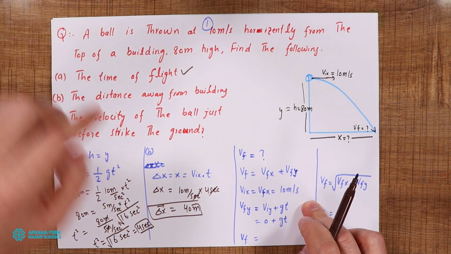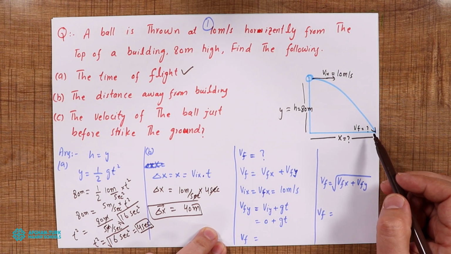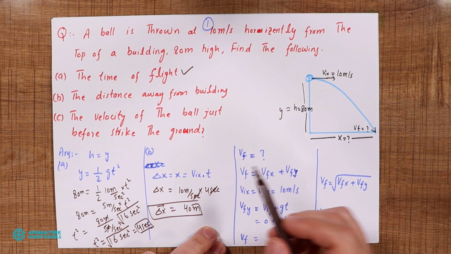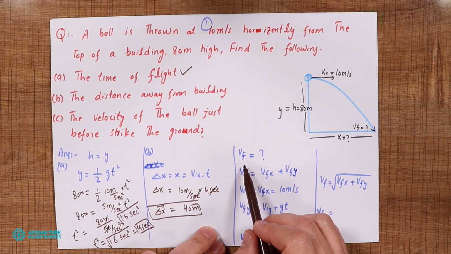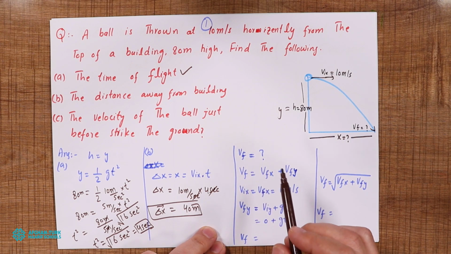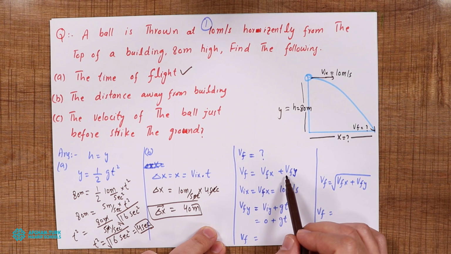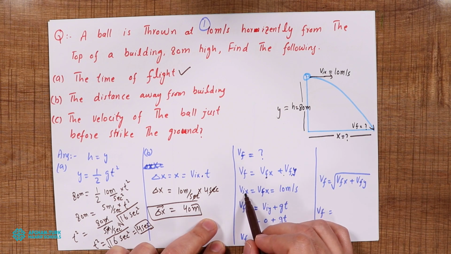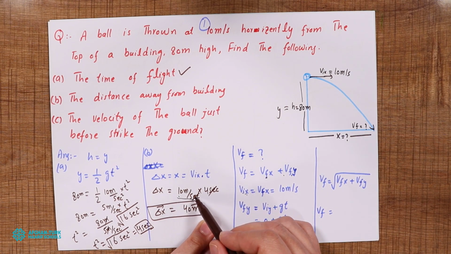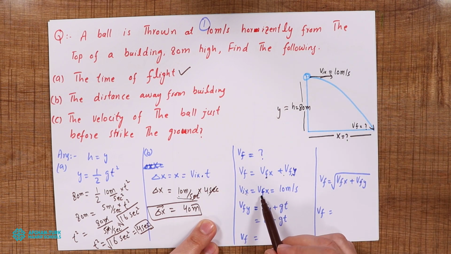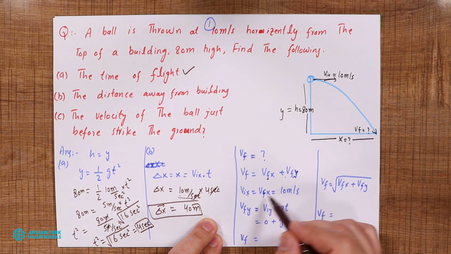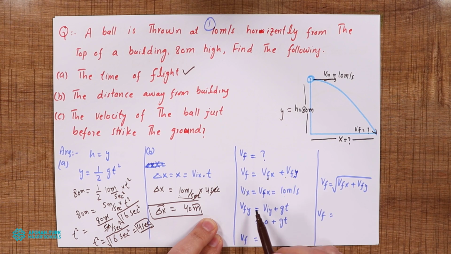Now the last thing, they ask about the final velocity. If you watched the first video of projectile motion, we proved the formula for the final velocity: Vf is equal to Vfx plus Vfy. Now Vfx is equal to Vix, this part, which is equal to 10 meters per second, because on the horizontal the velocity is constant, and this is the horizontal component.